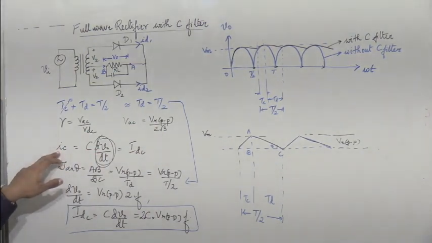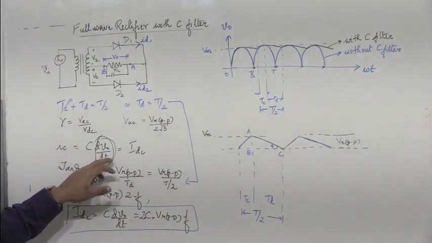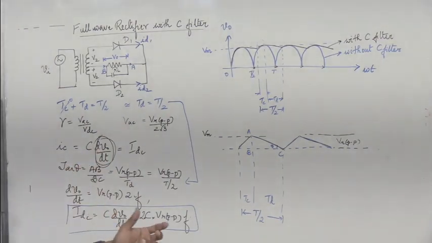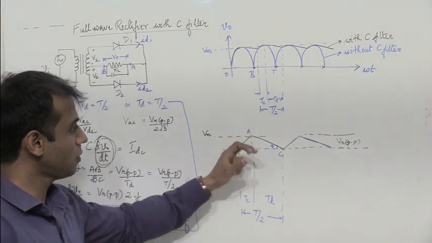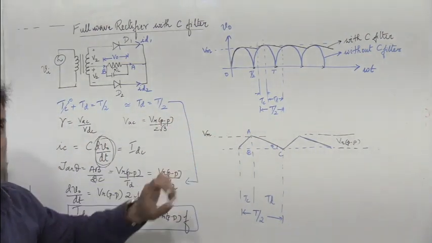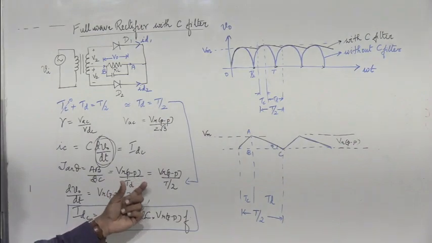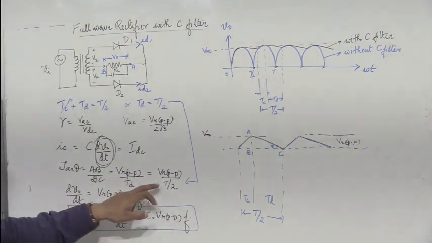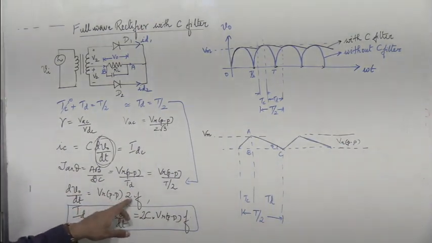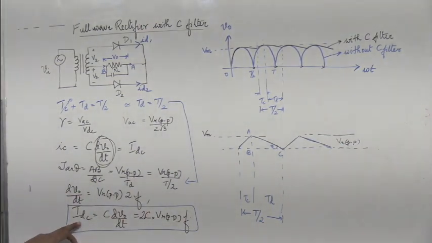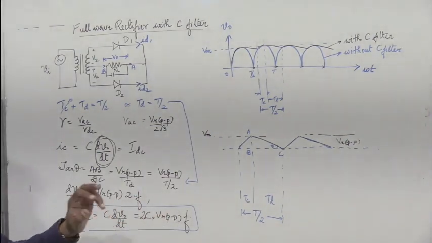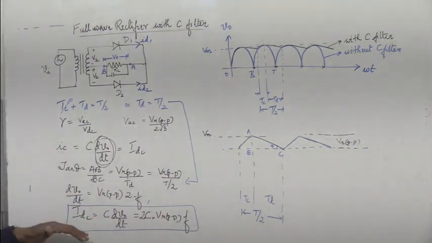The current flow through the capacitor is C dV naught by dt, which is nothing but the IDC. What is dV naught by dt? It is the variation of output voltage with respect to TD, which is T by 2. 1 by T is F, so dV naught by dt is VR peak to peak into 2F. So IDC is C dV naught by dt, which is 2C VR peak to peak into F. Right, so I have IDC.